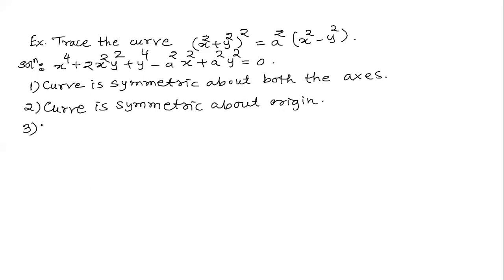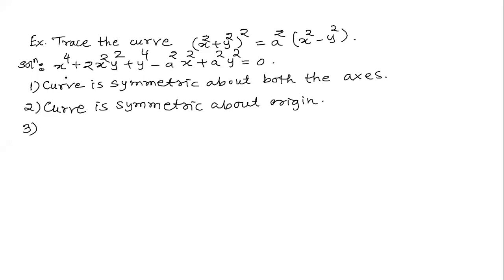The third property is yet remaining. We have to just interchange x and y, and after that we will have the equation (y square plus x square) whole to the power 2 equal to a square into (y square minus x square). We are getting a different equation, so property 3 is not satisfied. So the first four properties have been taken care of. Property number 5 is, if there is no constant term, the curve passes through the origin.